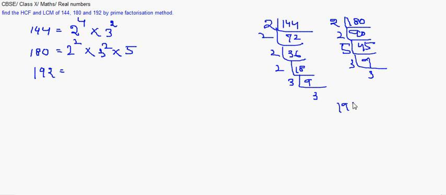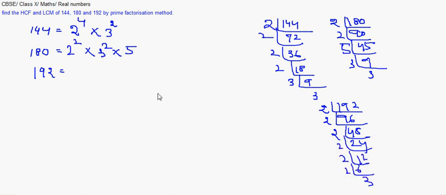And 192 similarly can be taken with 2: 96, 48, 24, 12, 6, 3. So it is 2 to the power 6 into 3.